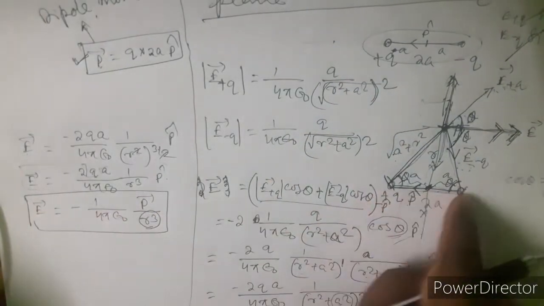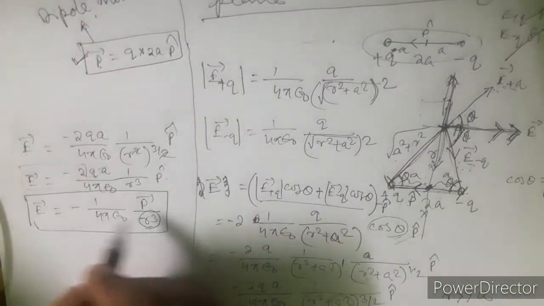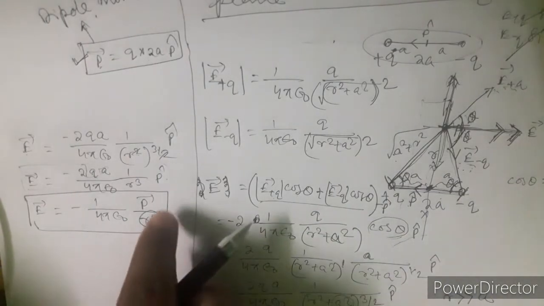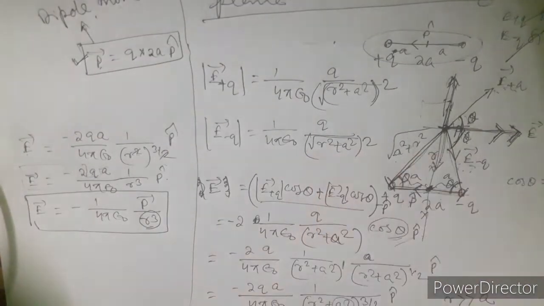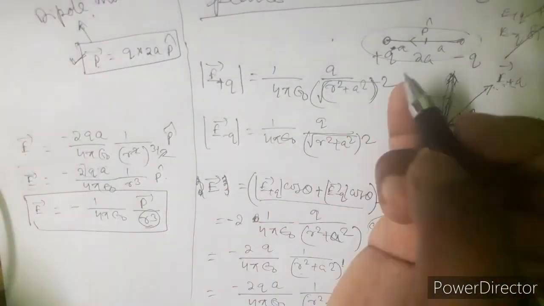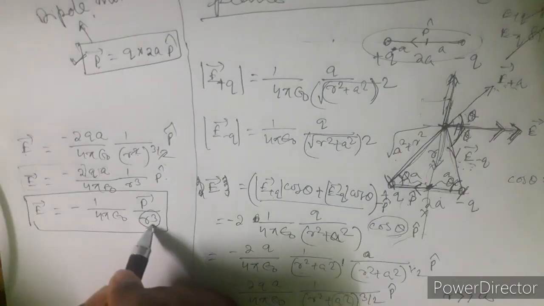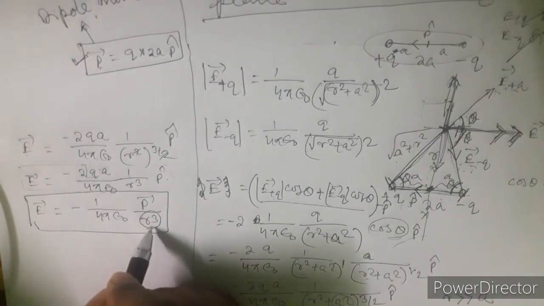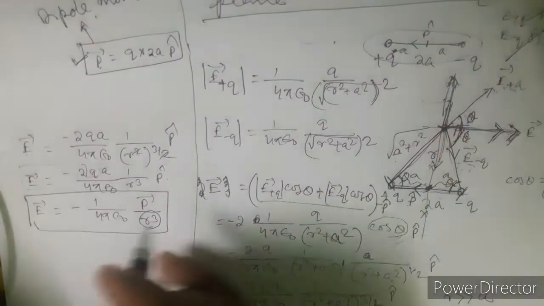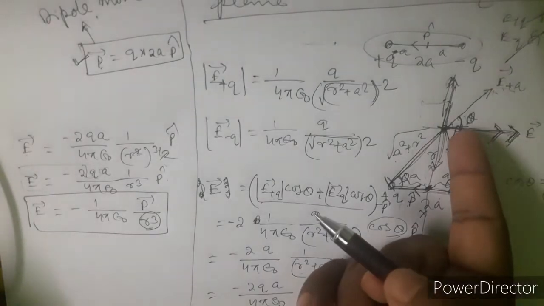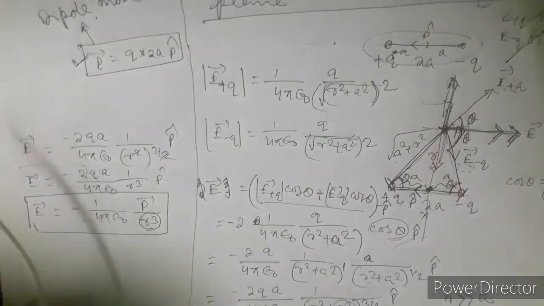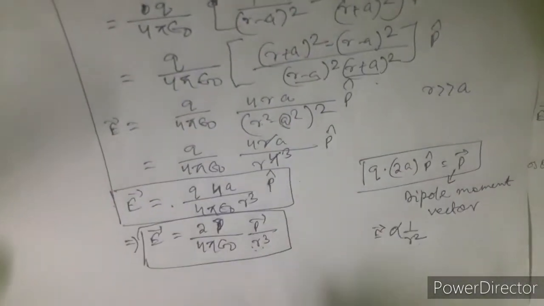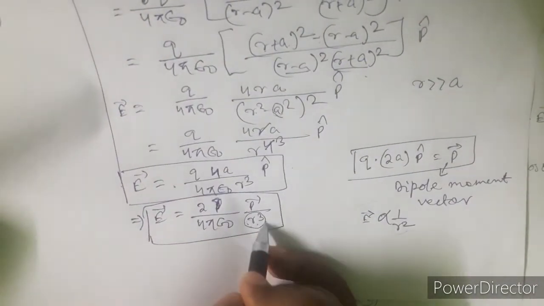But due to a dipole, a system of two charges, the electric field varies as 1 upon r cube. That means it decreases faster than due to a single charge. And in the axial case also, the electric field varies in terms of r cube.